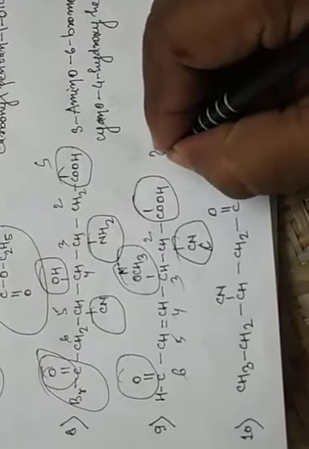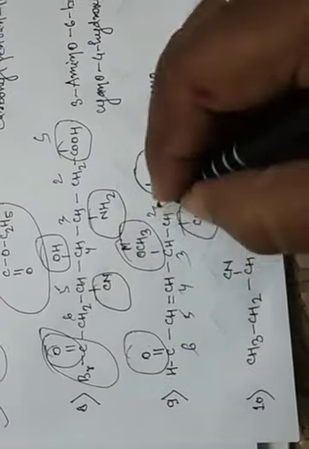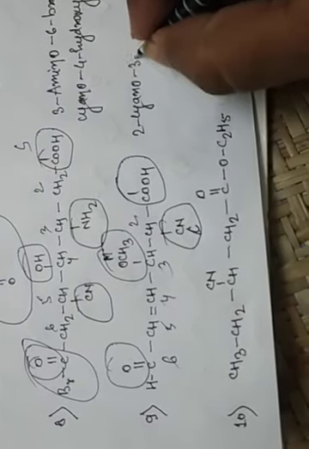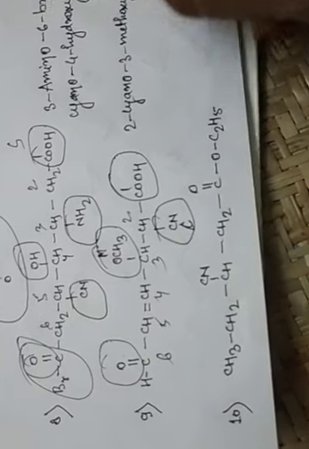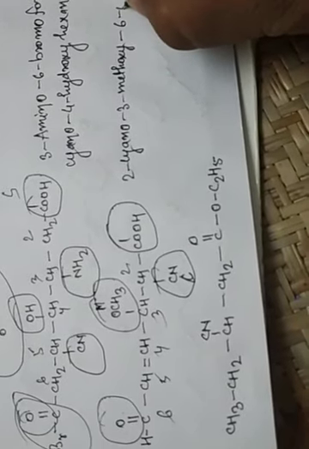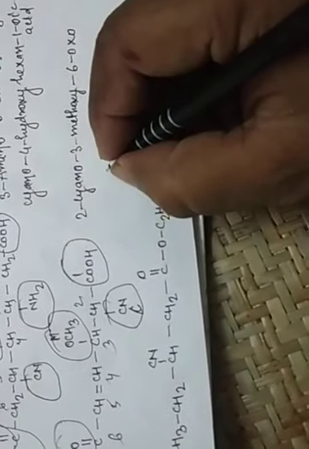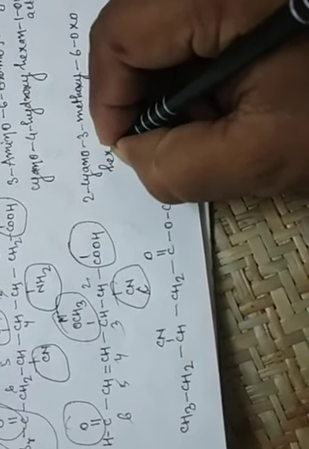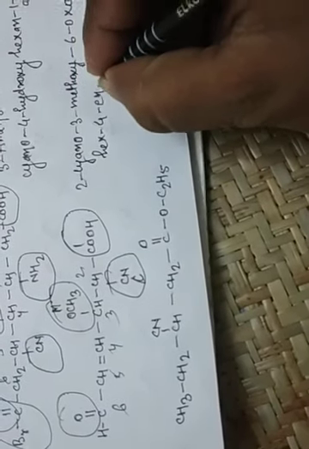So first you write down 2 cyano, then 3 methoxy. Yeah, clear? 100%. And then after, 6 oxo. And how many carbons in the main chain? This is 6. So hex, and there is a 4 double bond, 4-ene and 1-oic acid.